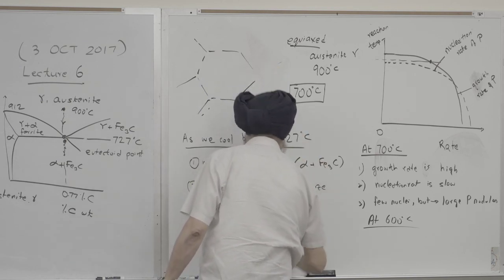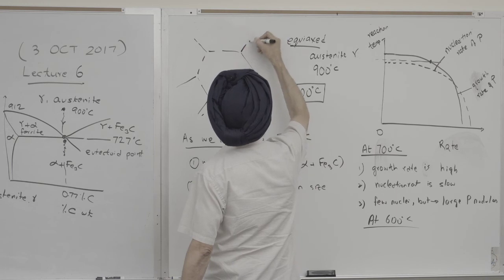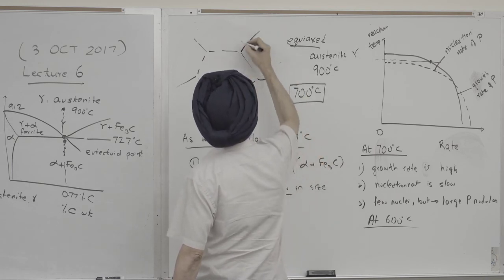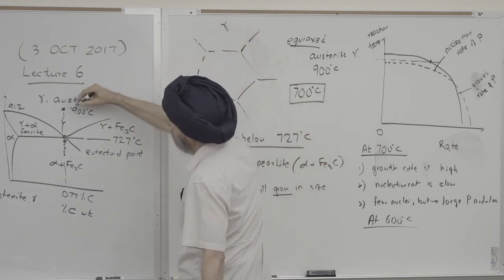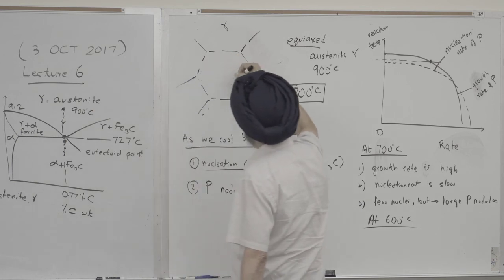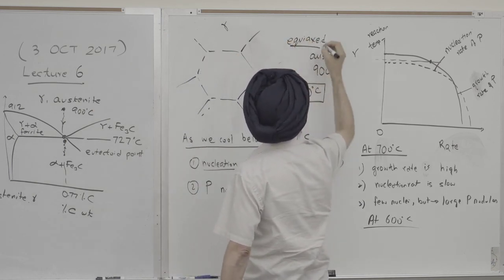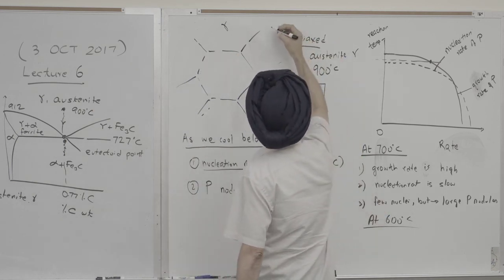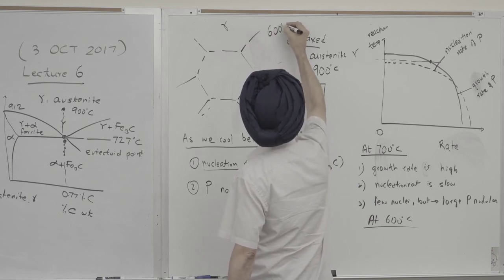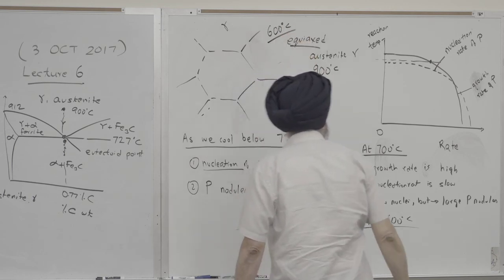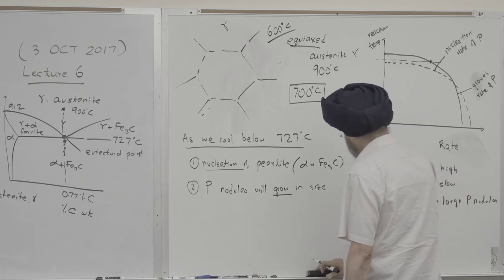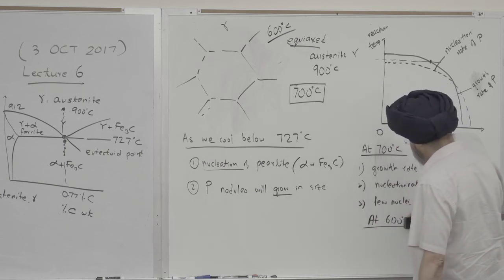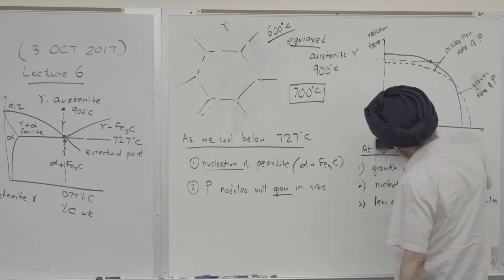These are the austenite grains. This is the gamma at 900. Now we're cooling it, and we cool this to 600 instead of 700. So we cool it much lower by 100 degrees.